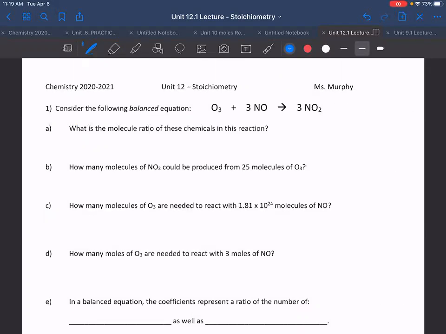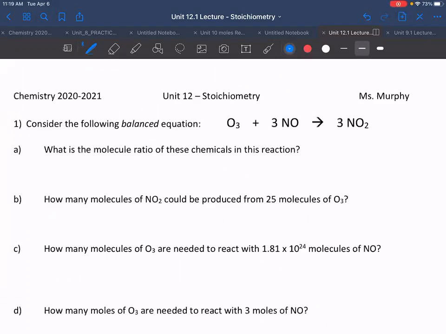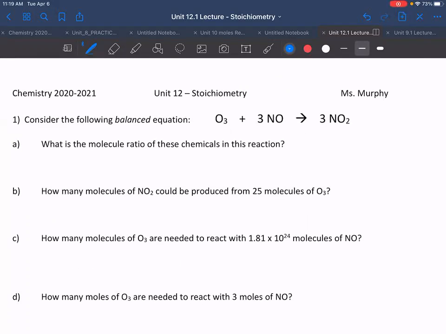All right. We're just going to get right into it. I think you guys will enjoy mole to mole ratios here. The first question is asking, what is the molecule ratio of these? Well, what's the number in front of O3, even though it's not there? 1. So our ratio of molecules is for every 1 O3, there's 3 NOs and 3 NO2.